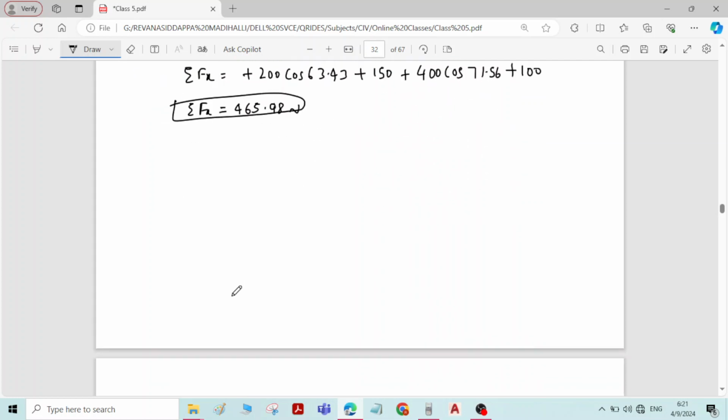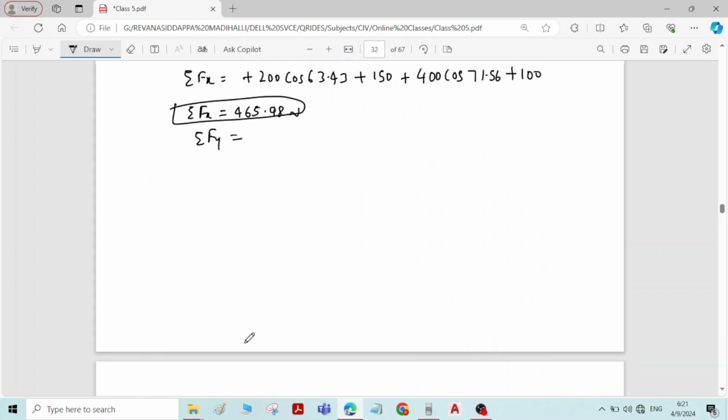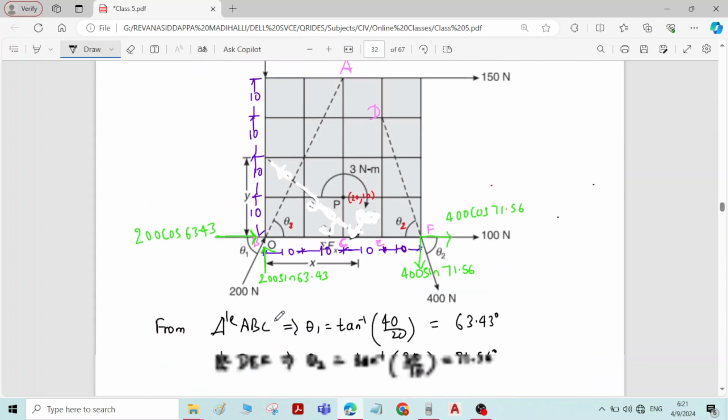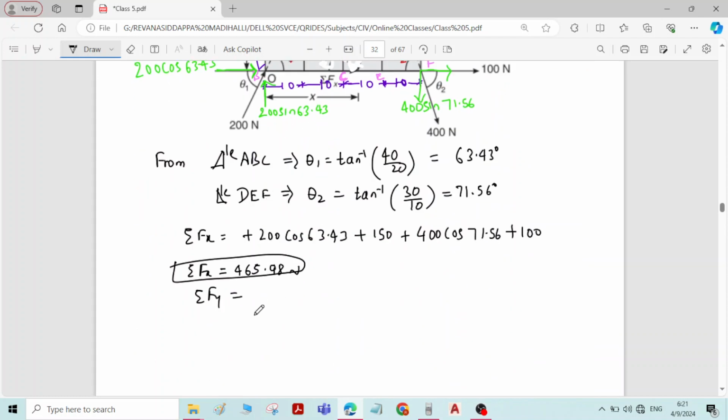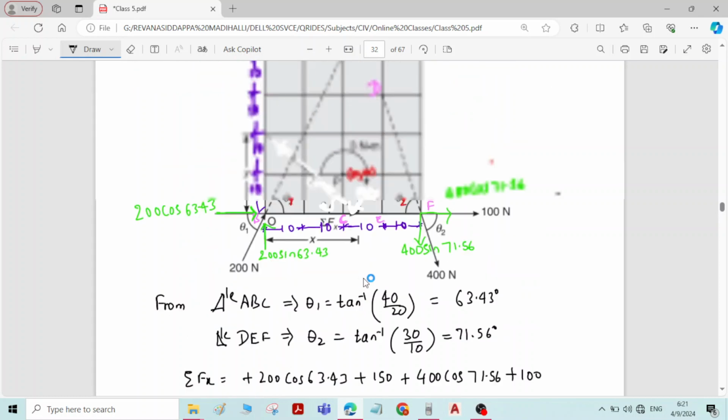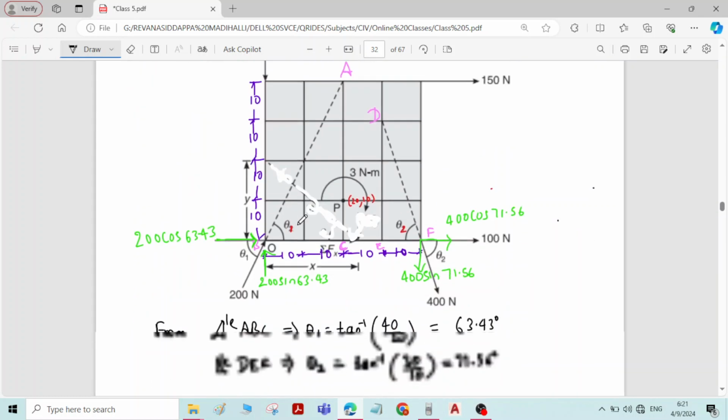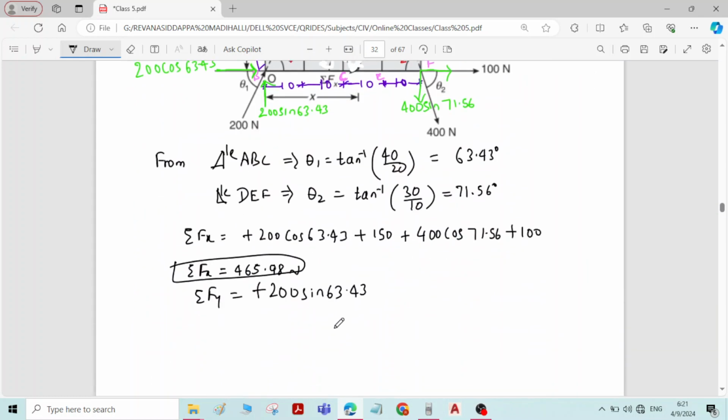Then sigma Fy is equal to sum of forces in vertical direction. So 200 sin 63.43 acting in upward direction, sign is plus. Then 250 Newton force acting in downward direction, sign is minus 250.